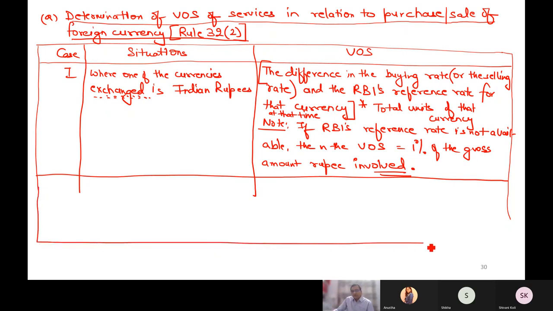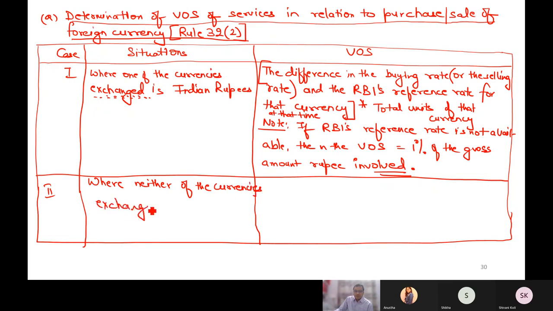If neither currency is rupee, suppose you want to convert dollar into pound, then what will happen? Case 2: where neither of the currencies exchanged is Indian rupee.